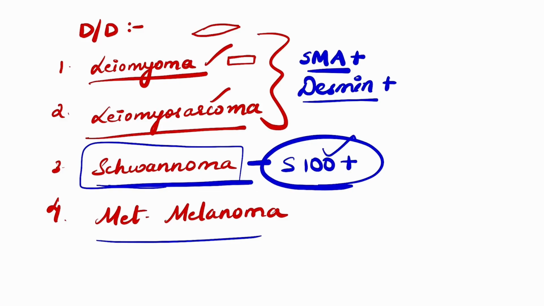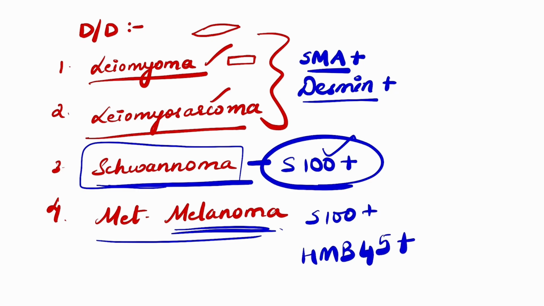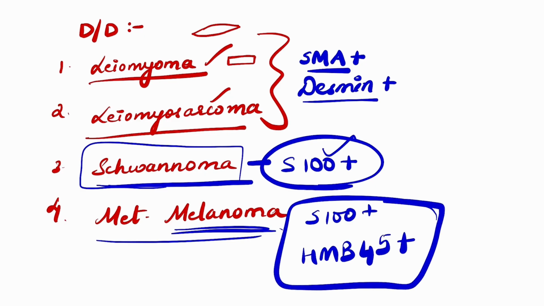It is also similar to metastatic melanoma, where melanoma is positive for both S100 and HMB45. These are specific IHC markers for metastatic melanoma.